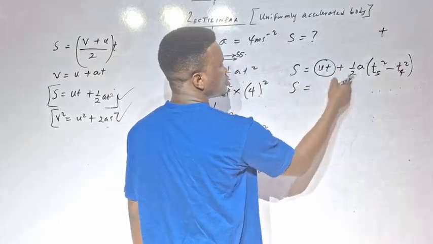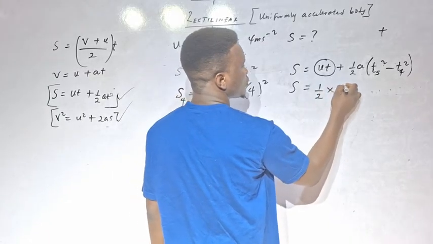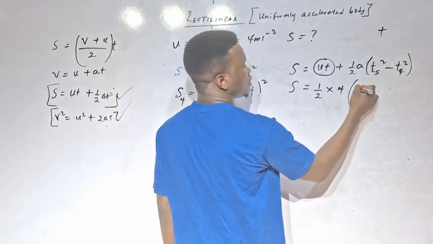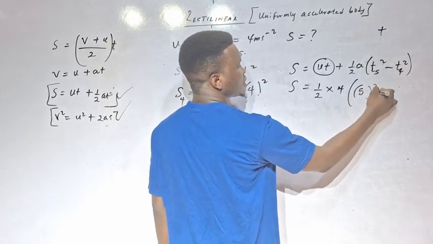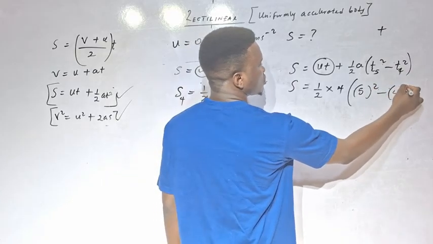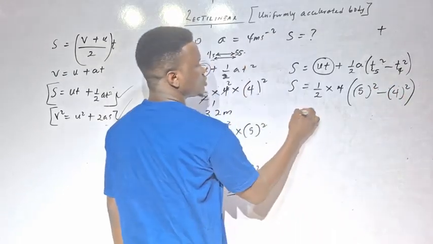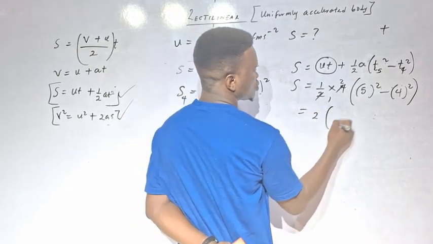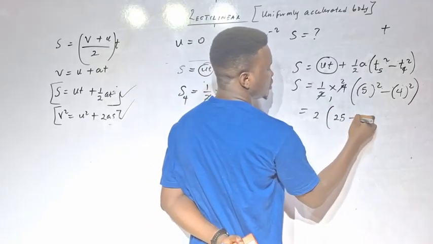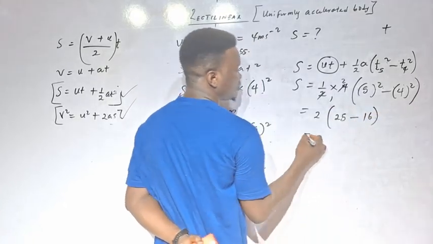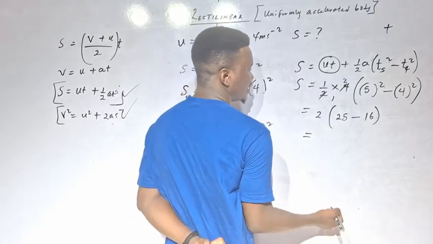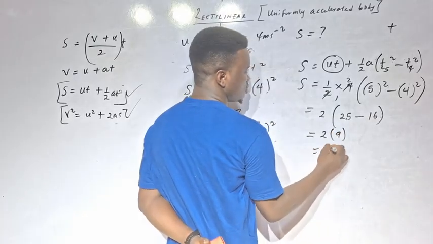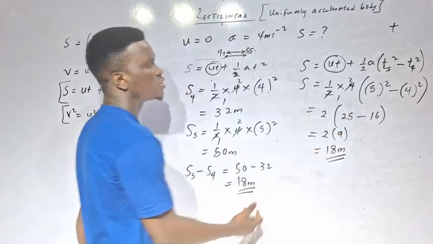Then s is going to be 1 over 2 into 4 times 5 squared minus 4 squared. And that's going to be 2 here 1, 2 here 2. So that's going to be 2 into 25 minus 16. And 25 minus 16 should be 9. So that will be 2 into 9. So my answer is going to be 18 meters. So that's how you solve it.